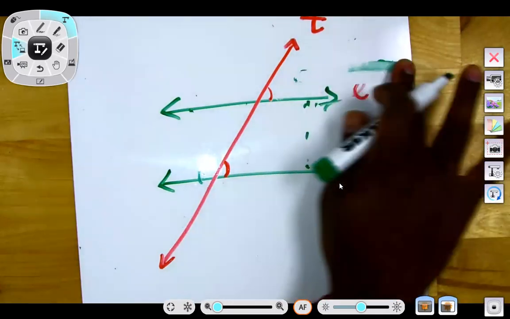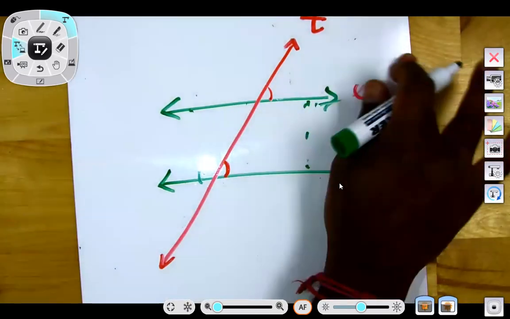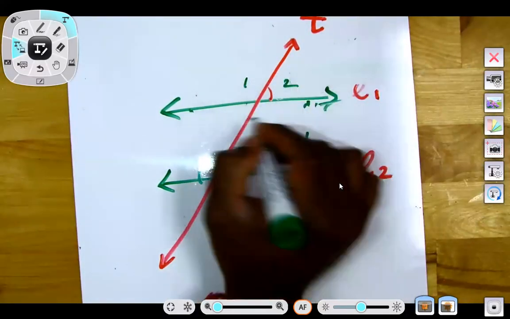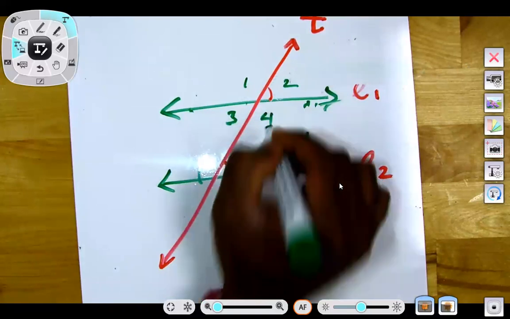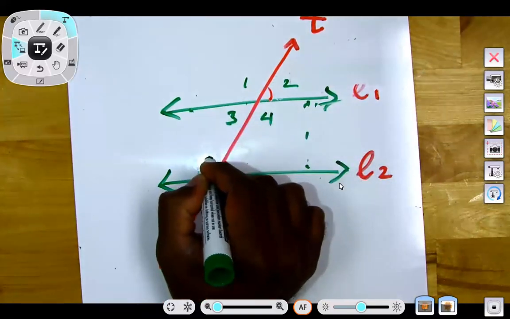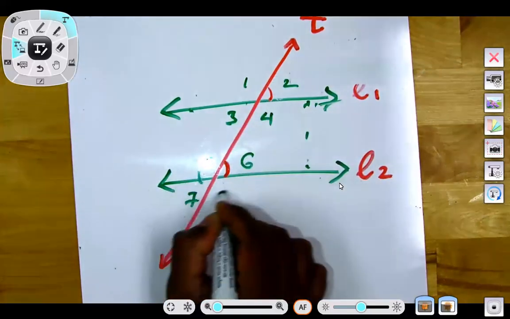I'll write over here. Let's say I will name all the angles 1, 2, 3, 4, 5, 6, 7, 8.